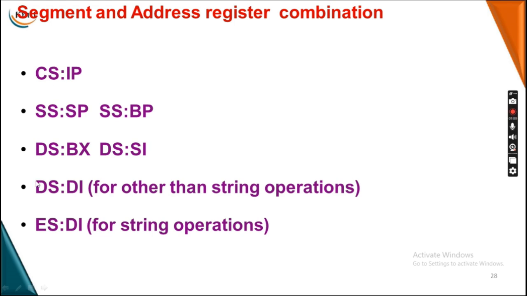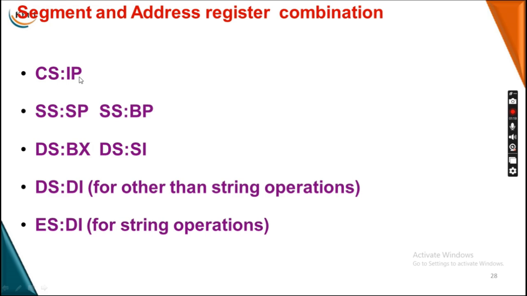So these are my segment address registers. The corresponding offset address for the code segment is the instruction pointer.